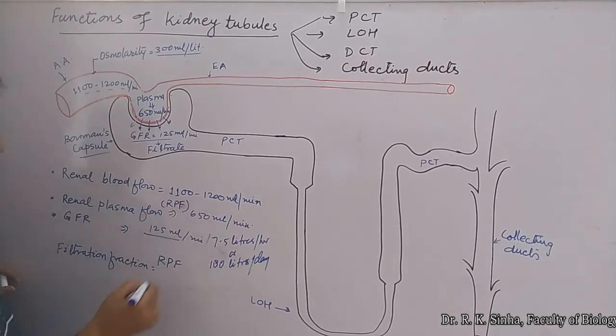So it will be GFR by renal plasma flow into 100.